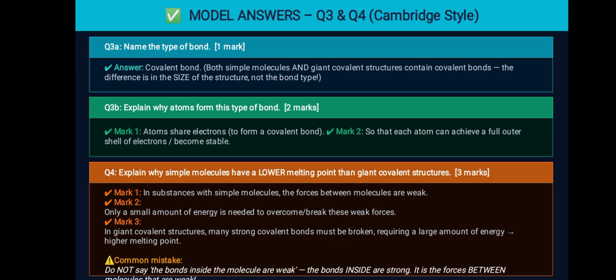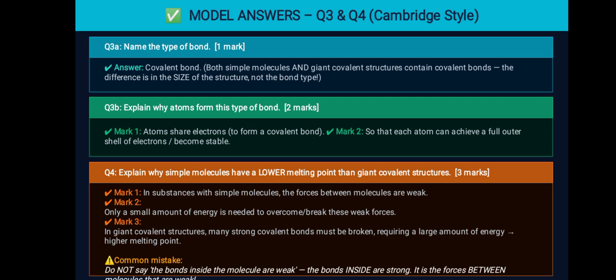It is the size and extent of the structure. Sometimes students say giant covalent structures have stronger bonds, but this is incorrect. The bonds are covalent bonds in both cases, in simple molecules as well as in giant covalent structures.